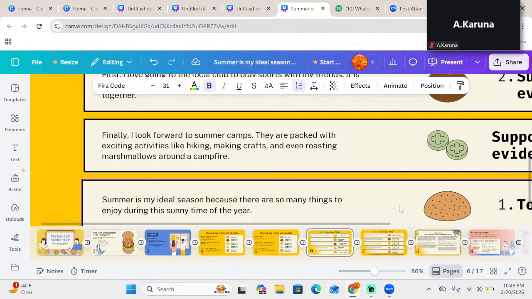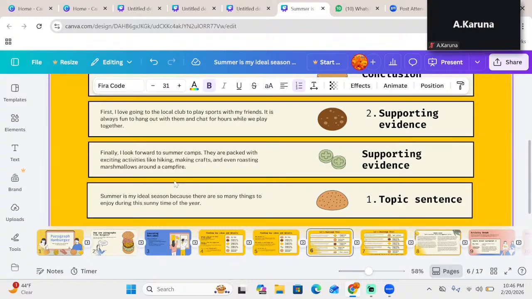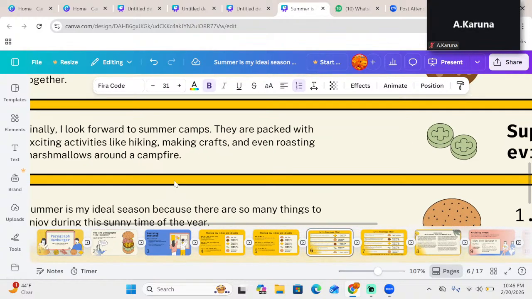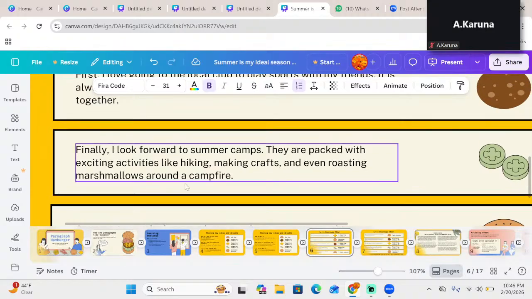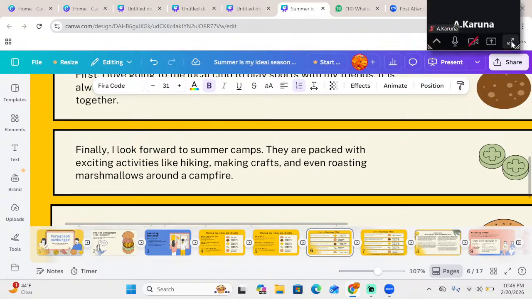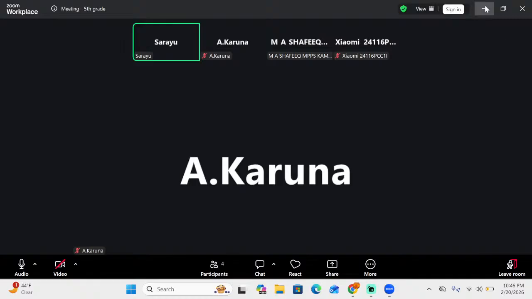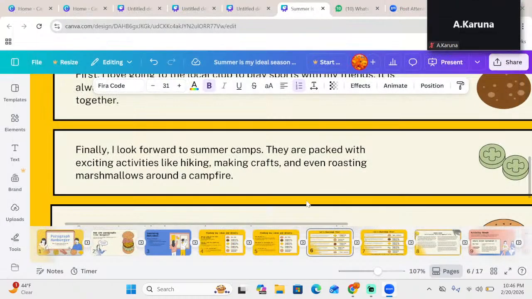Next, we have our last supporting sentence, okay? And it's obviously going to be this one because it has finally, and it's another specific reason why he likes summer. So he says, finally, I look forward to summer camps.